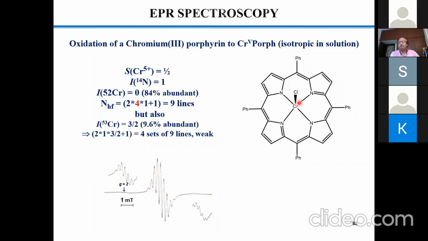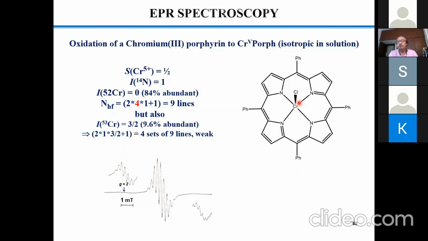That means the chloride distance, though it is a covalent bond, is slightly longer than the distance which is necessary to have the interaction between the metal electron and the nuclear spin of chloride.